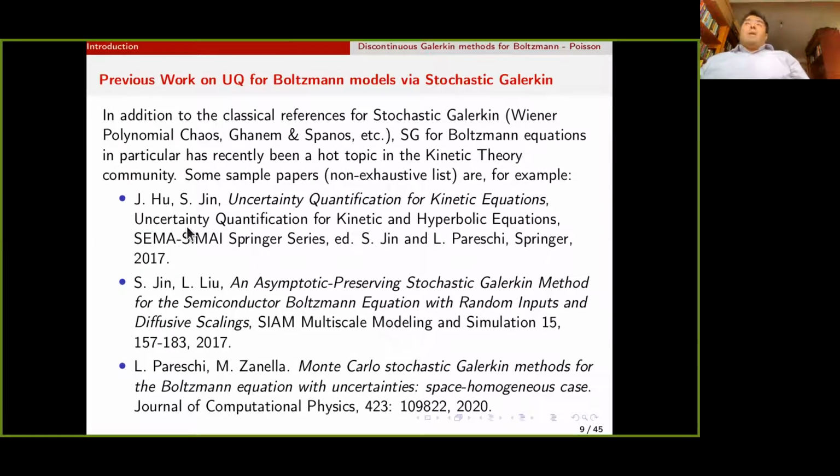But okay, so we have a review paper by Jingwei Hu and Shi Jin studying UQ for kinetic equations in different applications. One paper that is actually related to this topic of Boltzmann-Poisson by Shi Jin and Liu Liu, basically asymptotically preserving stochastic Galerkin for the semiconductor Boltzmann equation. And then one recent paper by Perez, Canzanella, where basically they combine Monte Carlo with the stochastic Galerkin techniques, and they study classical gases in 2 different cases.